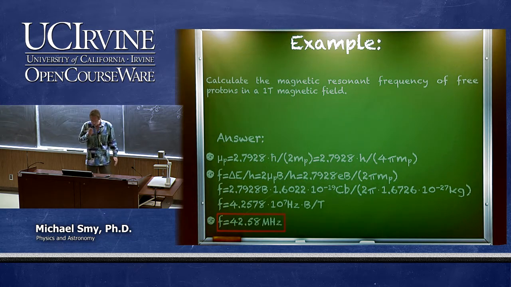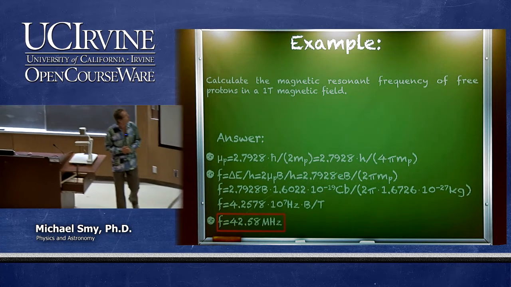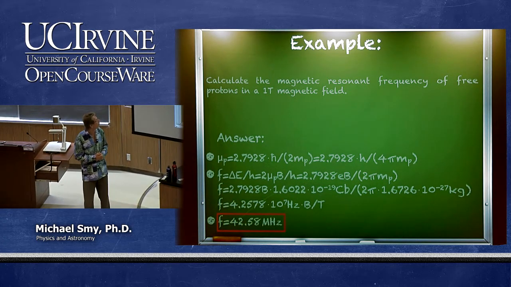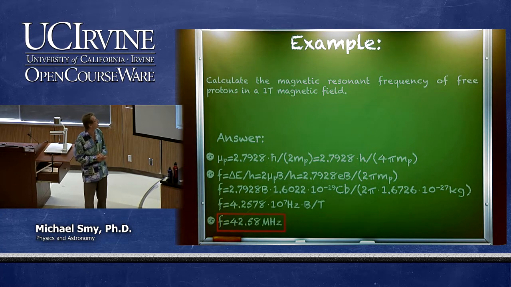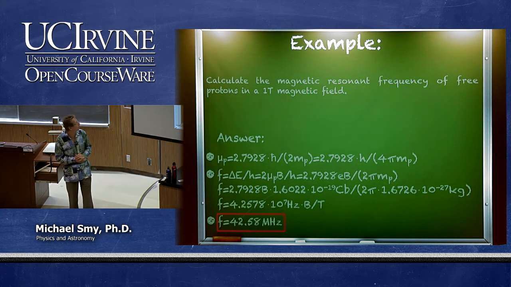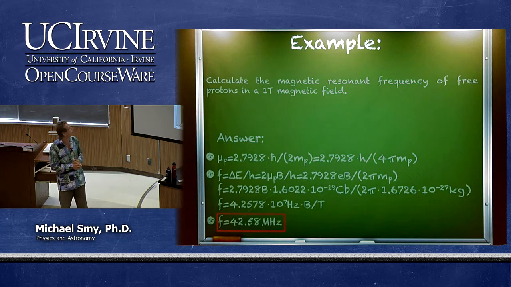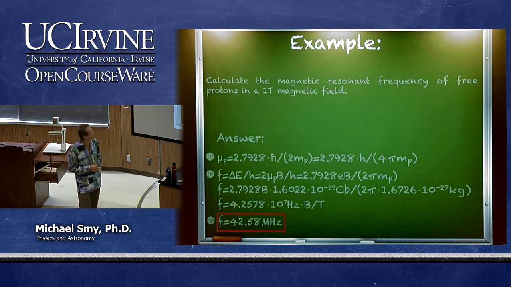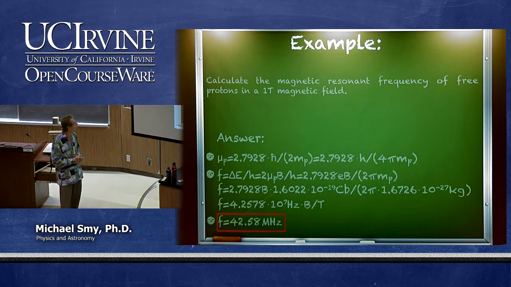So as an example, let's actually calculate this formula. Let's calculate the magnetic resonance frequency of free protons in a 1 Tesla magnetic field. First we get the magnetic moment. That's this funny number, 2.7928, the gyromagnetic ratio, times h bar over 2 times the proton mass. And that is h over 4 pi times the proton mass, since h bar is h over 2 pi.